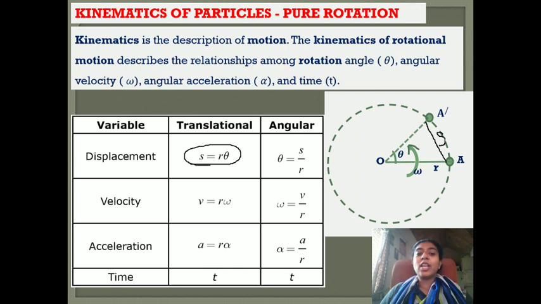Similarly, the velocity V is equal to R omega. Linear acceleration a is equal to R into alpha, and the time is the same for both translational motion and rotational motion. So from this, theta is equal to S by R, omega is equal to V by R and alpha is equal to a by R.